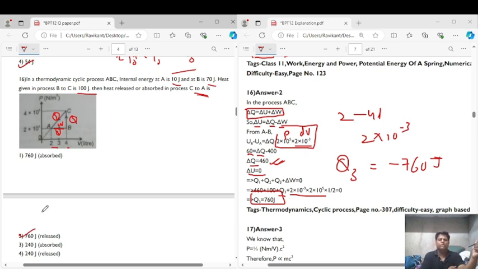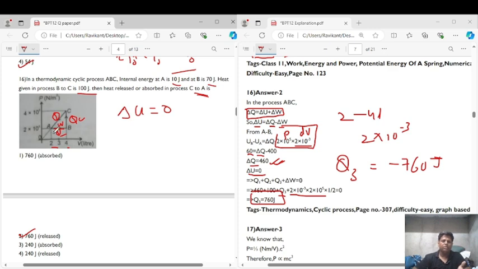I hope the solution is clear. What is happening over here is it is a cyclic process. So delta U is equal to 0, right? In this entire process, heat has been supplied from A to B, heat has been supplied from B to C, and there is an exchange of heat from C to A, right?